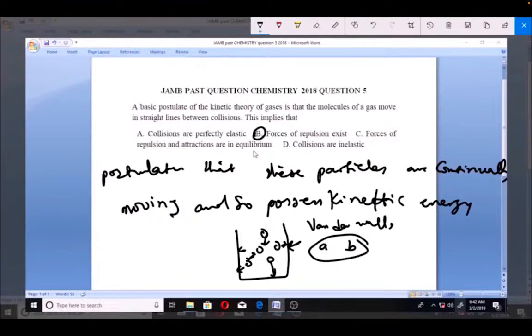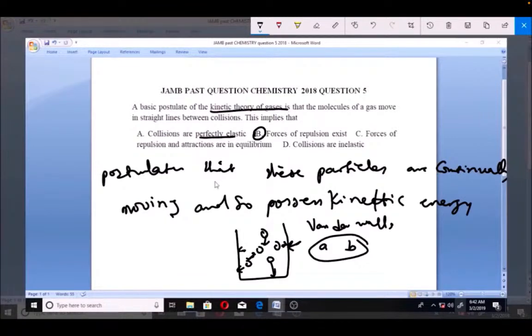Whenever you talk about the kinetic theory of gases, you must mention the forces of repulsion that exist between the molecules, which enables pressure to be created due to collision with the walls of the container. So if you go by elimination, perfectly elastic is not there.